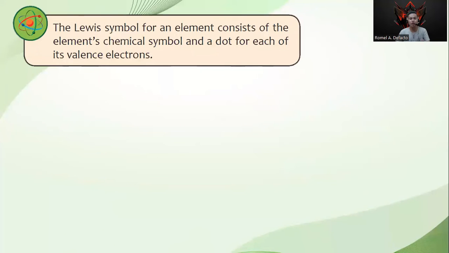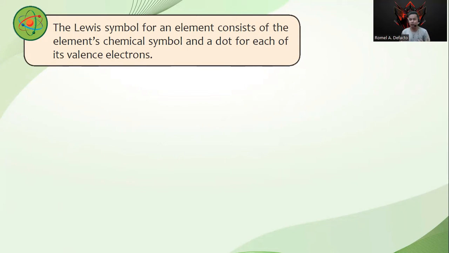Now, we have here the Lewis dot structure. The Lewis dot structure consists of dots that represent the valence electrons. Valence electrons are the electrons in the outermost shell of these elements. The Lewis dot structure is very useful because it shows the movement.